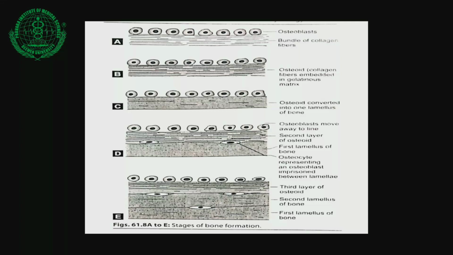As you see, bone resorption occurs in two phases. In the first phase, the hydrogen ions are secreted by the osteoclasts. There are proton pumps, that is H-dependent ATPases, in the endosomes present in the cytosol of the osteoclasts.